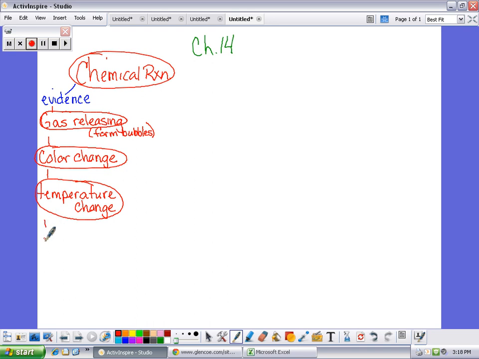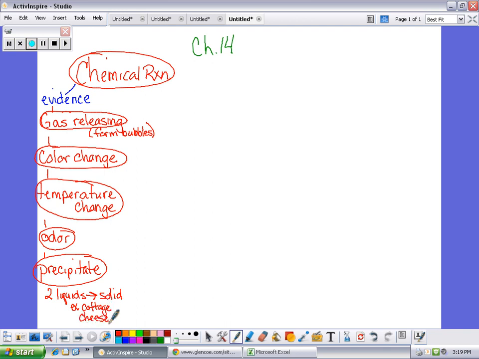We can also include odor and also the precipitate. And remember, the precipitate is going from combining two liquids or more that result in a solid that falls out of solution. The good example that I always like is cottage cheese. You get that solid that forms from mixing the milk and other substances together to get your cottage cheese.